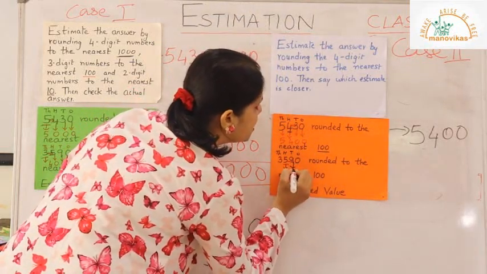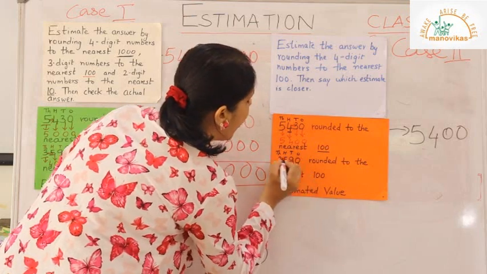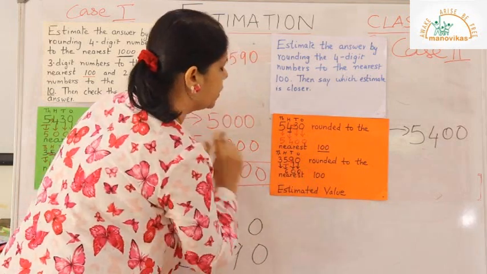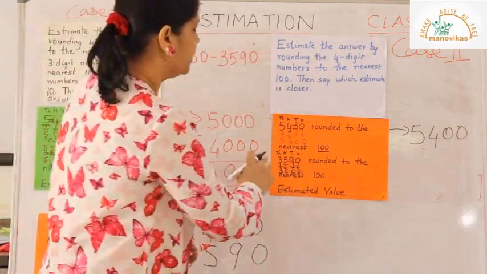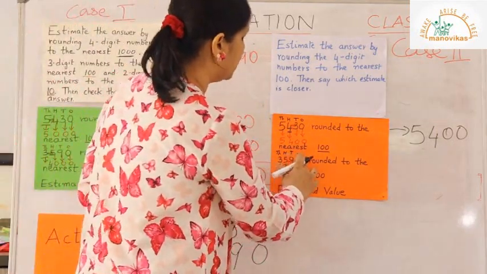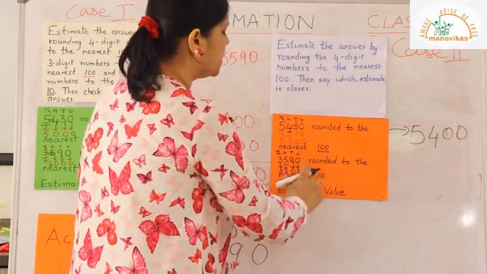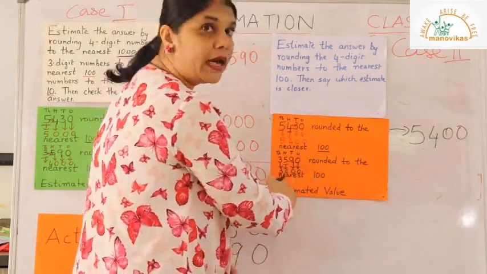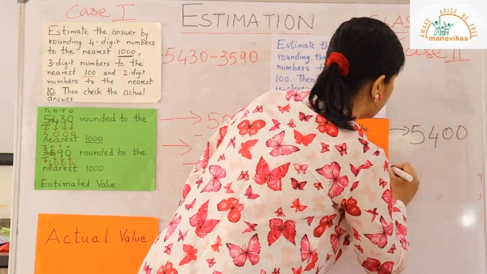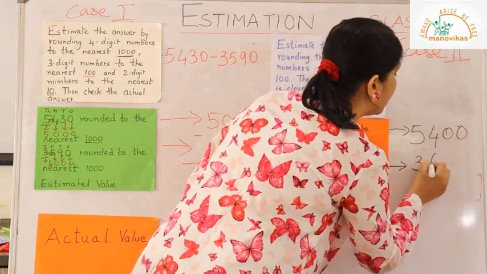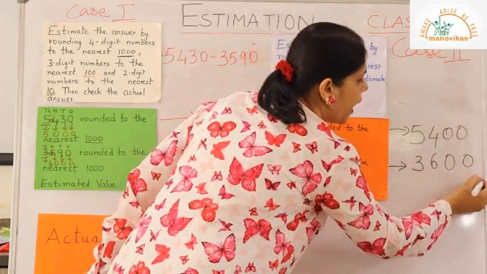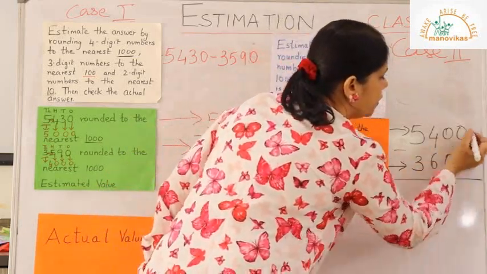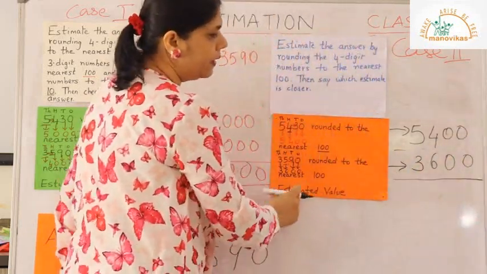The other two digits will become 0 and this thousands digit will not change, it will remain 3 only. So 3590 rounded to the nearest 100 will be 3600. Now you have to subtract to find the estimated value.